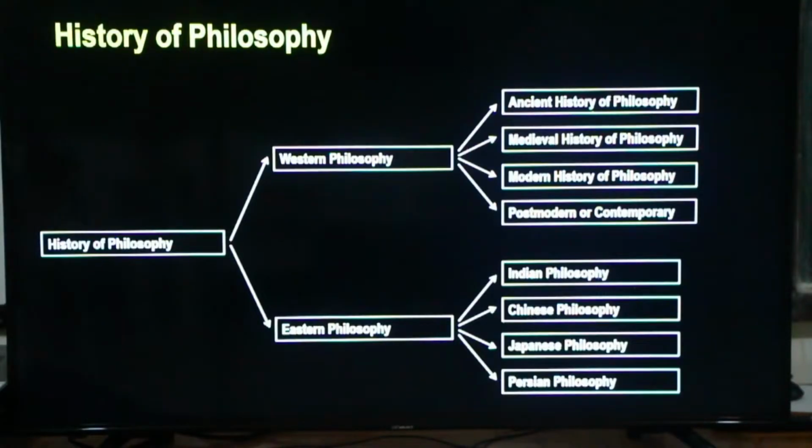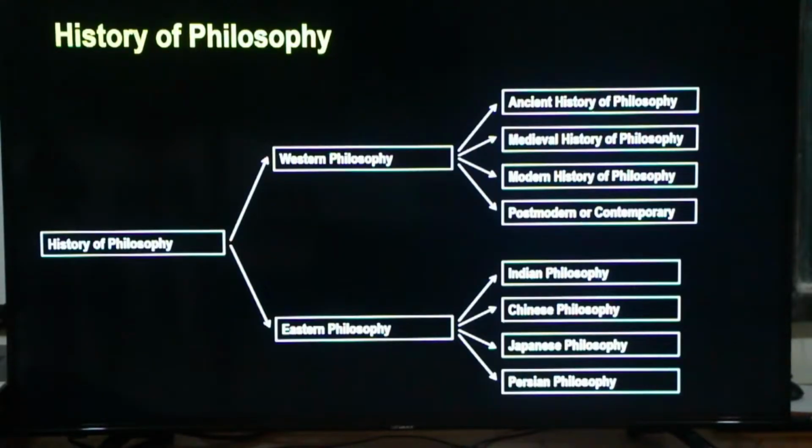Now, as far as Western philosophy is concerned, this wing is divided into four major periods or eras, namely ancient history, medieval, modern, and postmodern or contemporary philosophy.